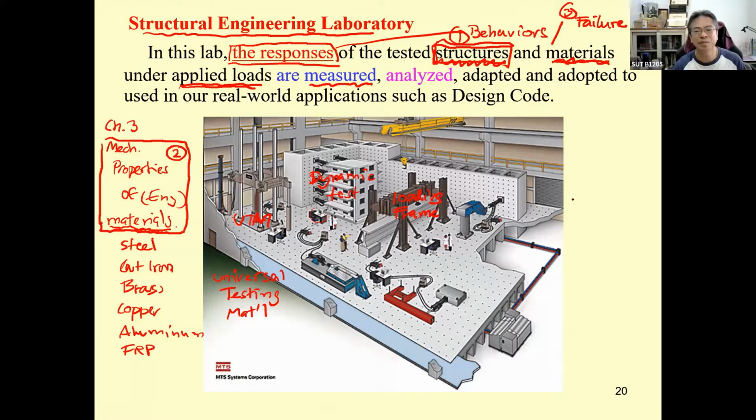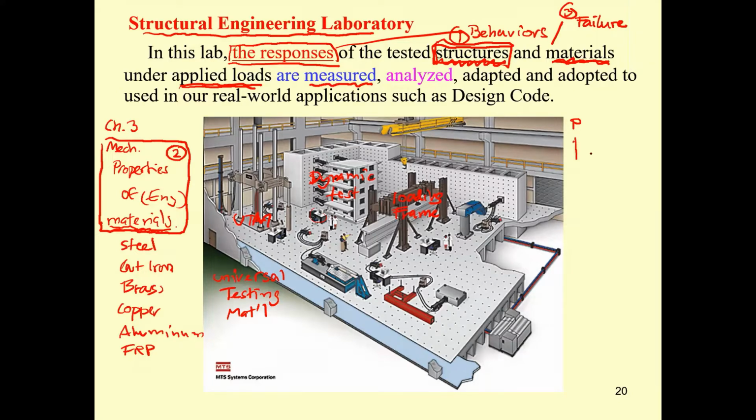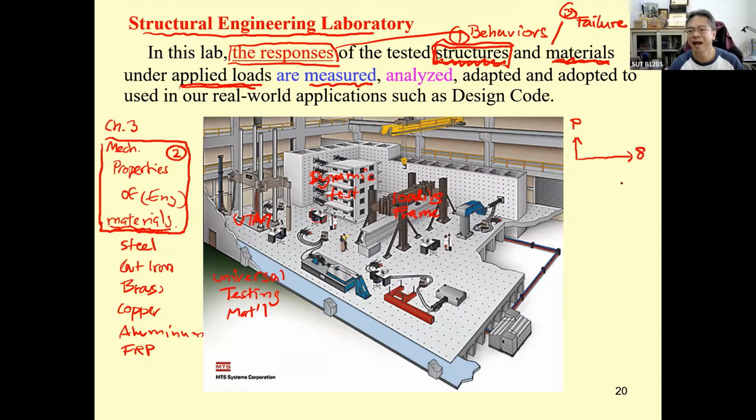What kind of measurement? The behavior, the mechanical property, and the failure can be studied from the graph. So there are two types of graph. One is the load displacement. That's usually what we're talking about for the behavior of the structure. Another one, if we test the material, is going to be the stress strain diagram.